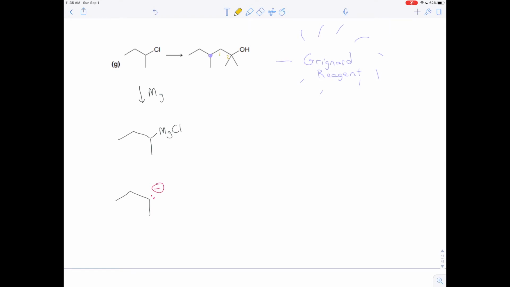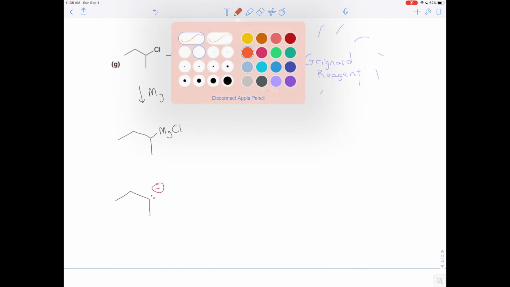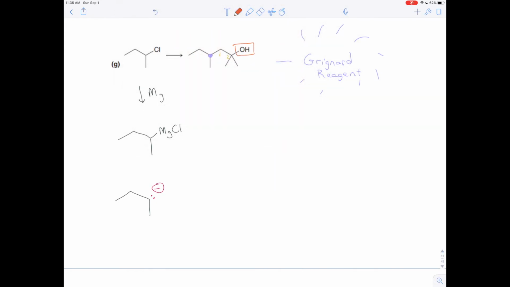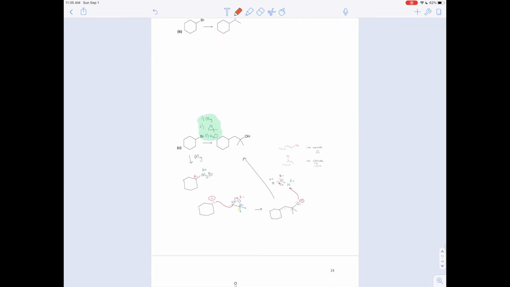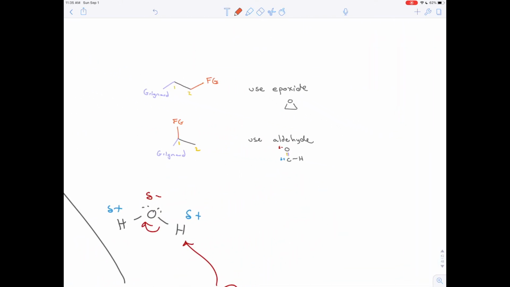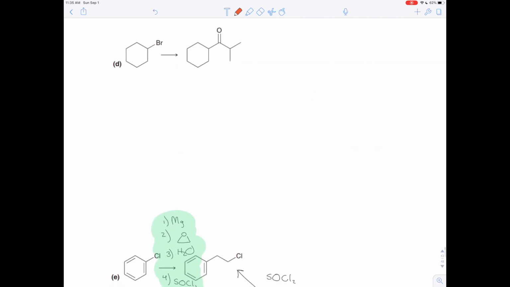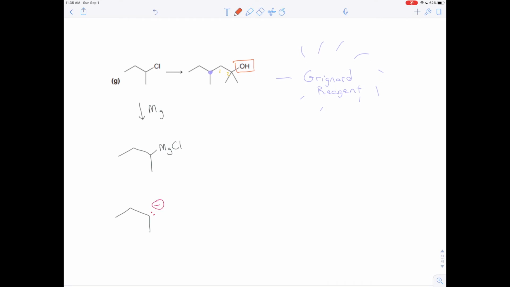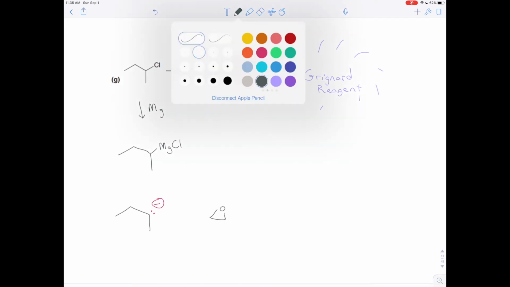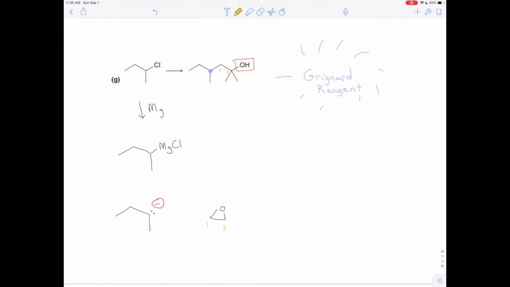Now, we can see that the functional group here is on that second carbon away, and as we've seen a few times before now, if the functional group is 2 carbons away, you want to use an epoxide. And so here we're going to draw an epoxide, and we want to make sure this epoxide will give us the product we want.